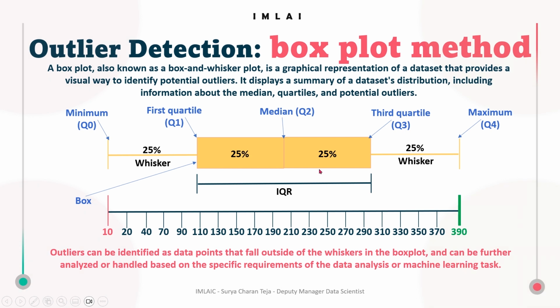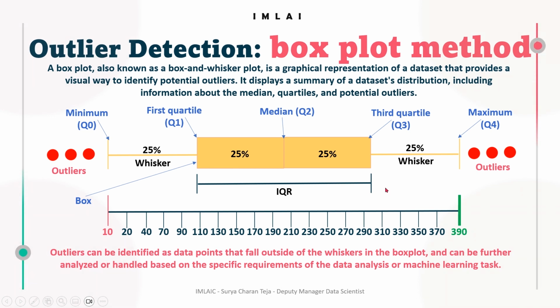So outliers can be identified as data points that fall outside of the whiskers in the box plot, and can be further analyzed or handled based on the specific requirements of the data analysis or machine learning task.